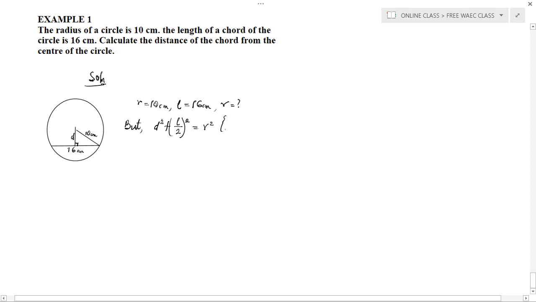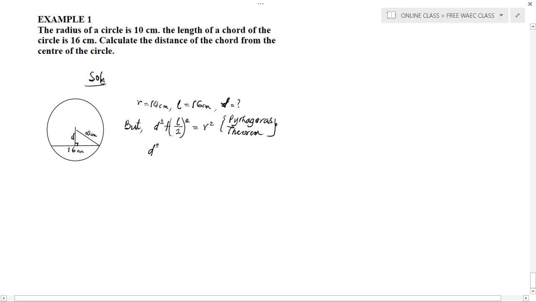Because we are looking for that side, I have to write that one first. Why? Pythagoras theorem. Oh, sorry, we are looking for D. I wrote R, D question mark.